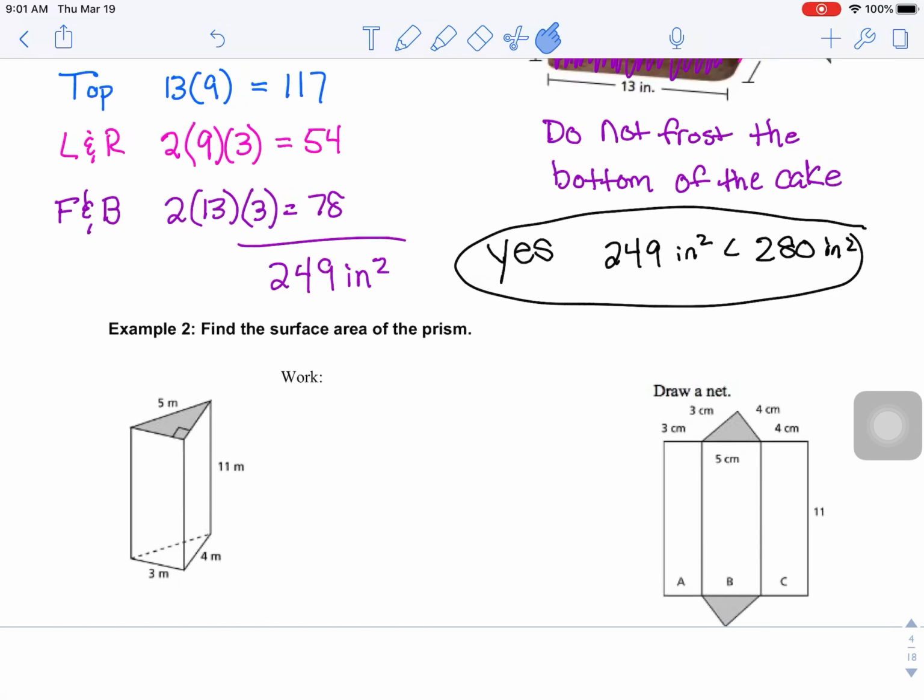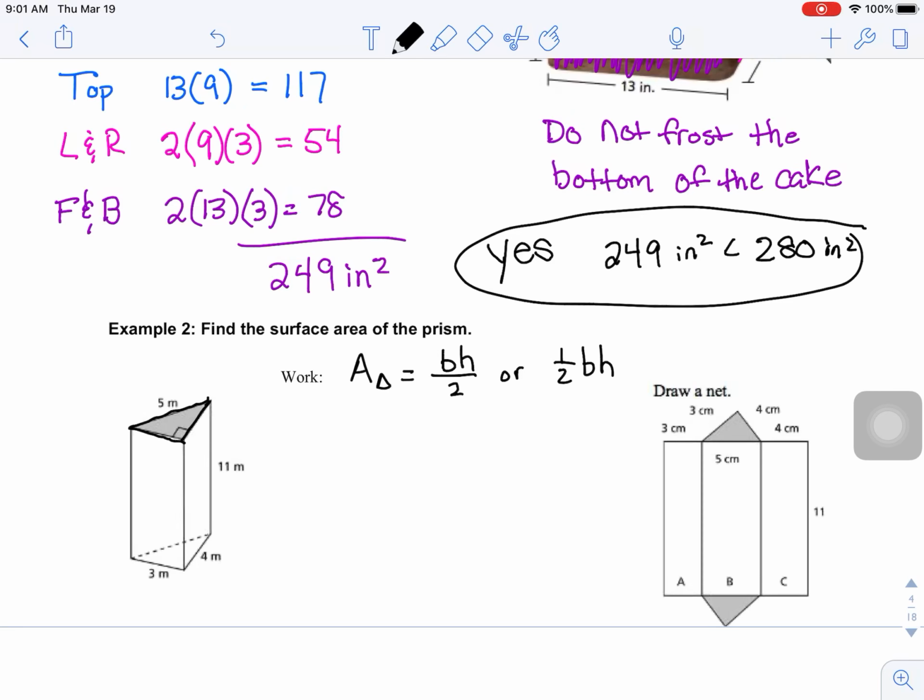Moving along to a different kind of prism. Now we're looking at a triangular prism because our bases are now triangles instead of squares. Remember, the area of a triangle is base times height divided by 2, or you can write that as 1/2 base times height.